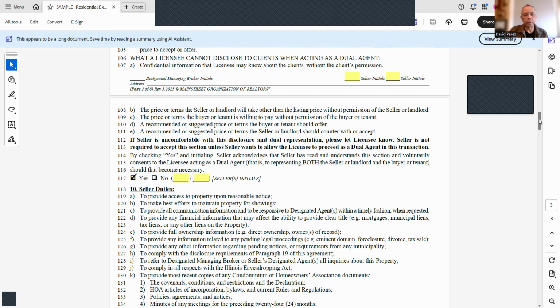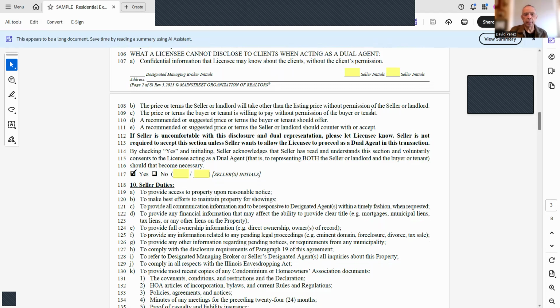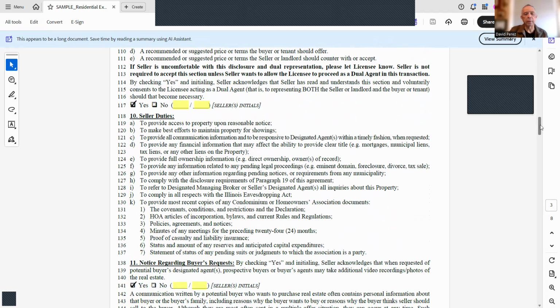And we were talking about dual agencies, and it asks if you accept this disclosure of dual representation, yes or no. This simply said means that if the agent finds a buyer for you directly instead of another agent from another brokerage finding a buyer for you, and your agent who is helping you sell the home also finds a buyer for you, you're okay with him or her representing both sides.